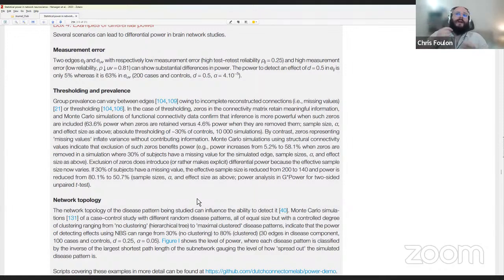They explain that it should be taken into account in the same way as the network topology might change across the brain. We might have a stronger clustering in one part of the brain and a weaker one in another part of the brain, which will bias the statistics that we will do in these different parts because of the statistical methods that we use.